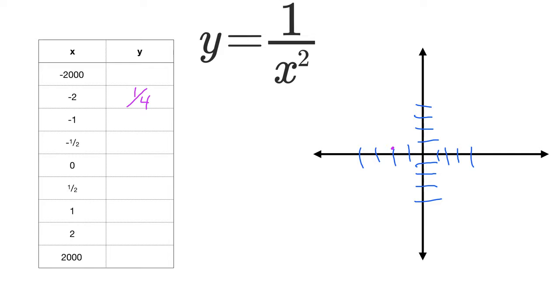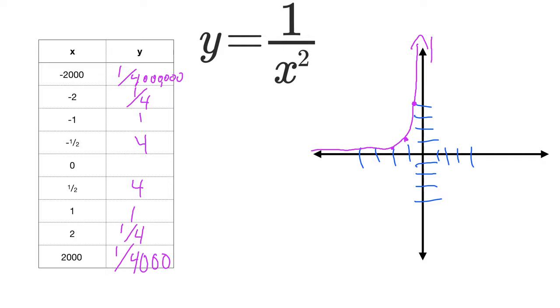Oh no, at negative 1, it would become a positive 1. At 1 half, it becomes positive 4. I don't even need to tell you that this number gets huge, but it becomes 1 over 4 million instead of 1 over 2,000. And then the bottom parts remain the same: 4, 1, 1/4, and 1 over 4,000.